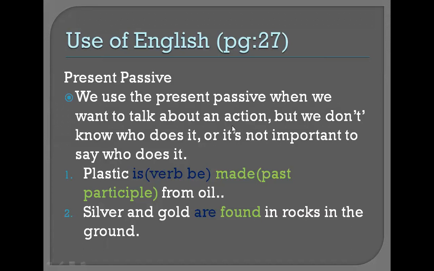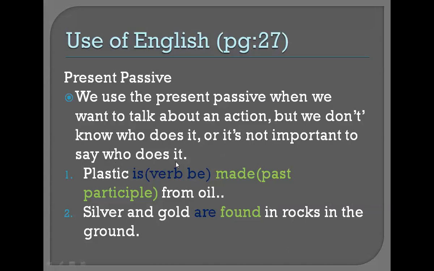We use the present passive when we want to talk about an action, but we don't know who does it, or it's not important to say who does it.